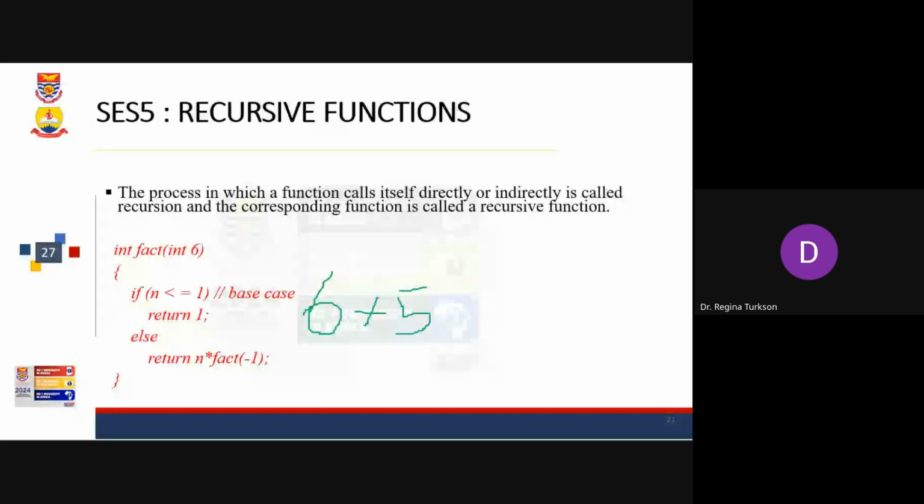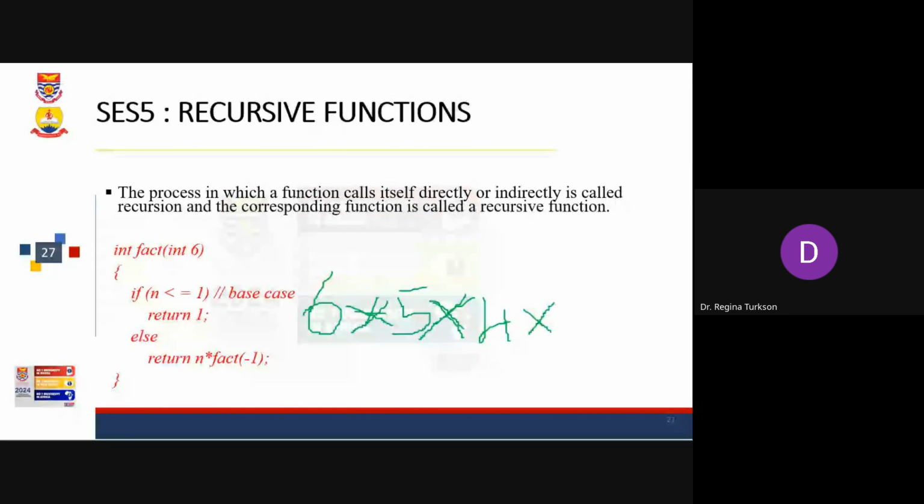We'll find the factorial of 4. 4 is not less than or equal to 1, so we'll go to the else section. In the else section, we'll return 4 times 3 factorial. Please write 4 times 3 factorial for me. It's not plus, it's times. Times 3 factorial. So now our n is 3.